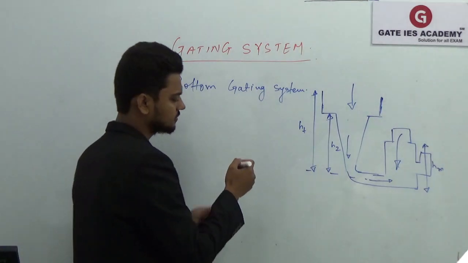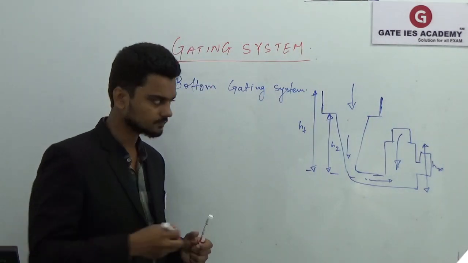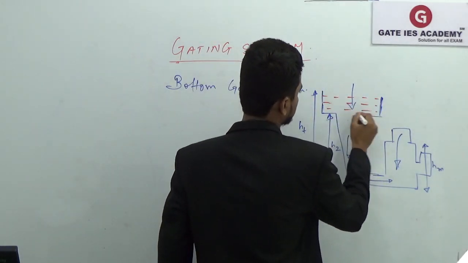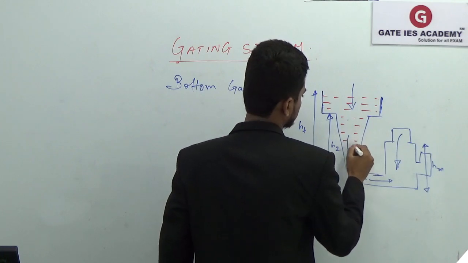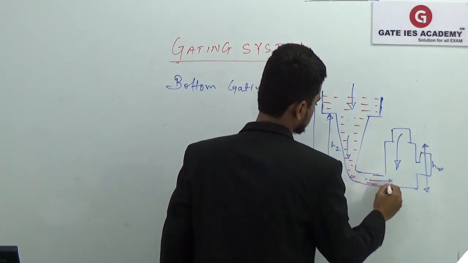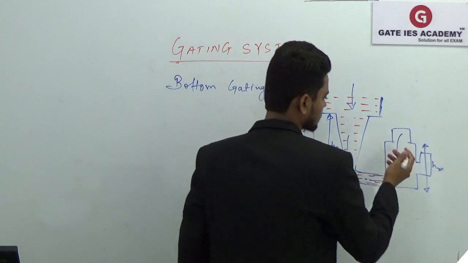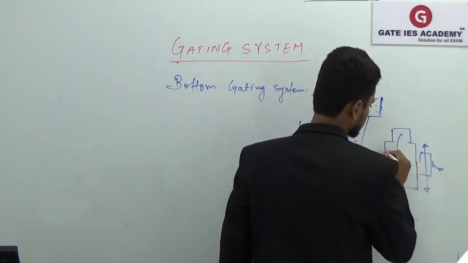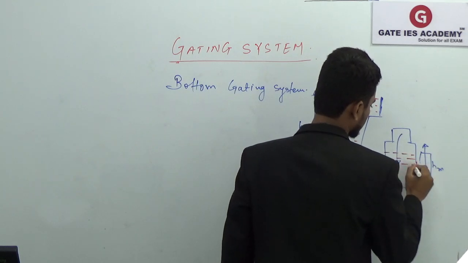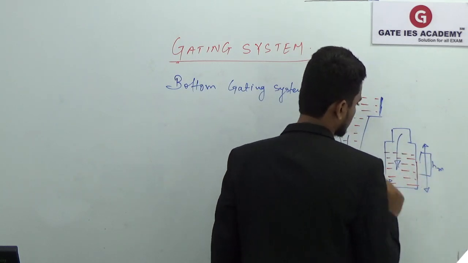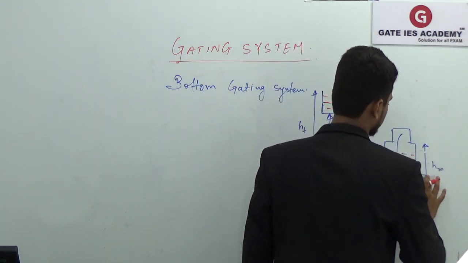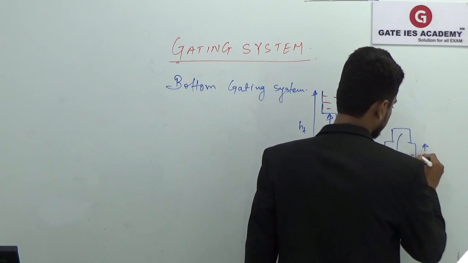So here we have, suppose, this is your pouring basin, and say the height of the molten metal in the mold cavity at any instant is h.